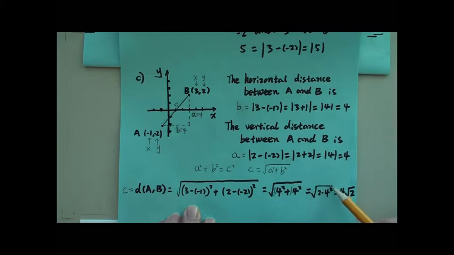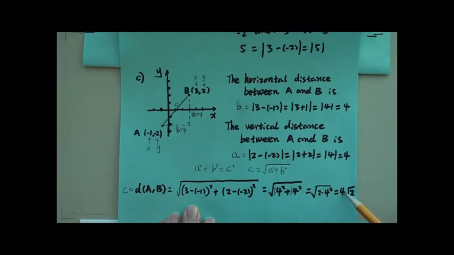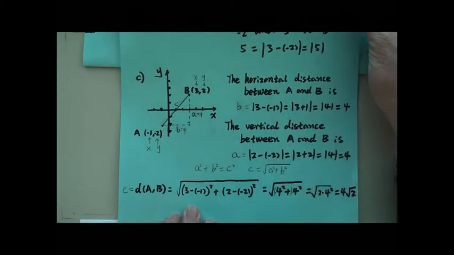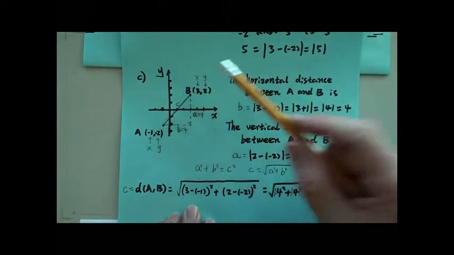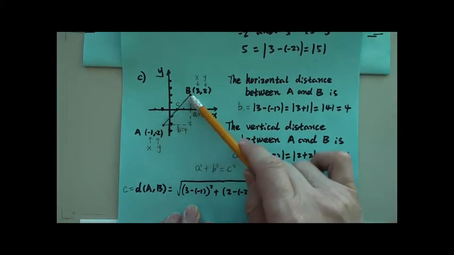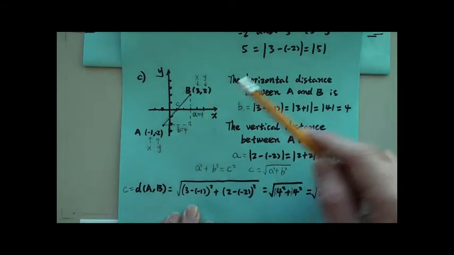Inside the radical sign there is a 4 squared, so 4 can come out, and 2 stays inside the radical sign. So the final answer for the distance between A and B is 4 times radical 2. That's the hypotenuse of this right triangle.